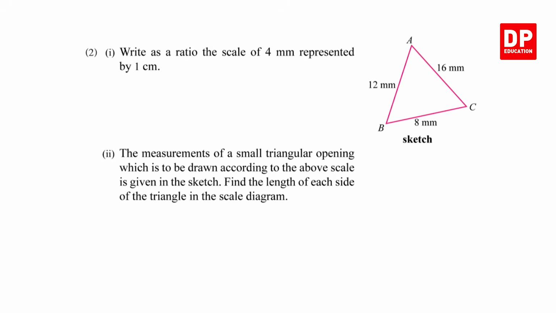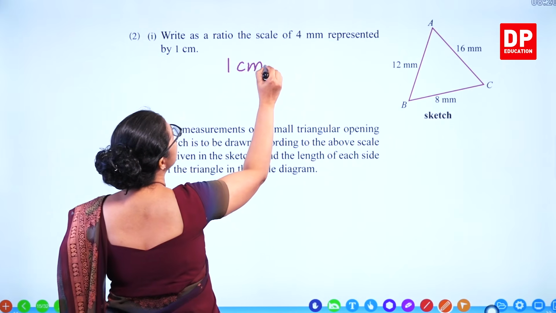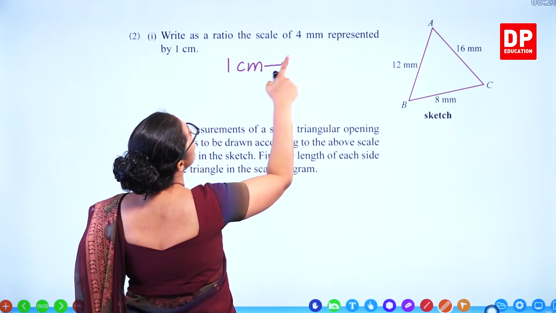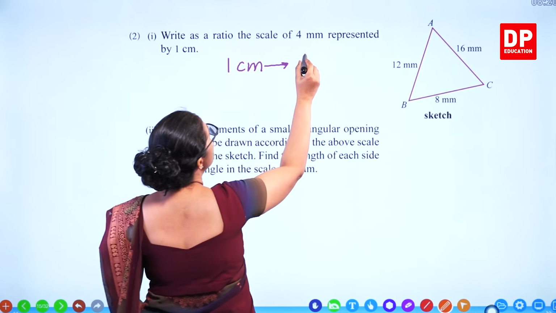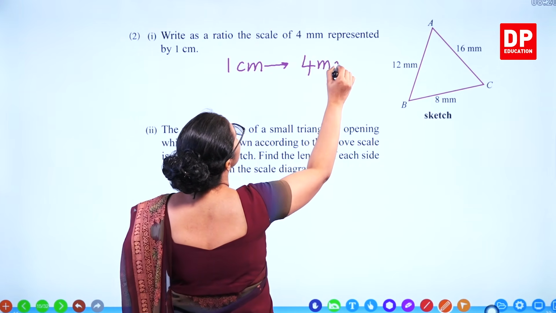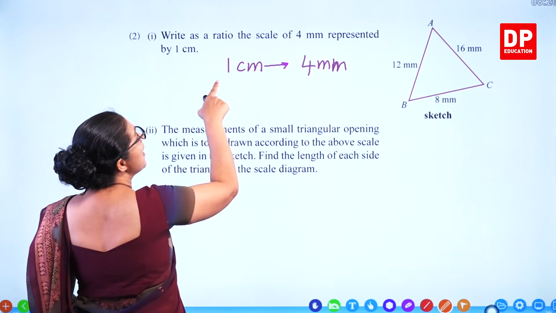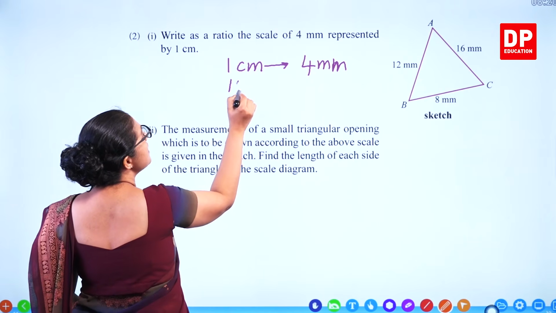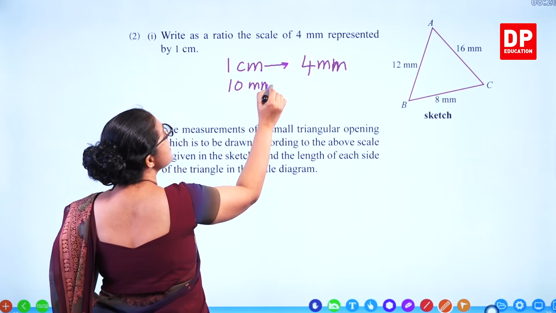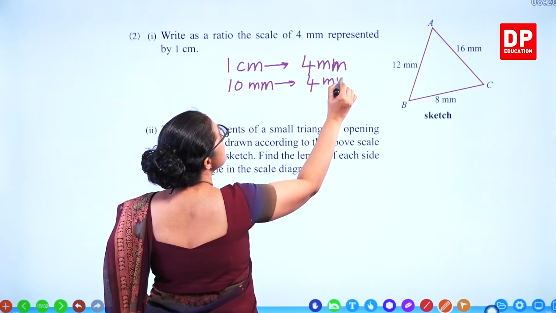Look at this question. Write as a ratio the scale of 4 millimeters represented by 1 centimeter. So it says 1 centimeter represents 4 millimeters. Here, that means if you multiply by 10, 10 millimeters represent 4 millimeters.